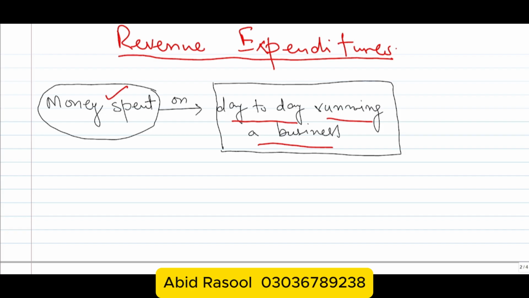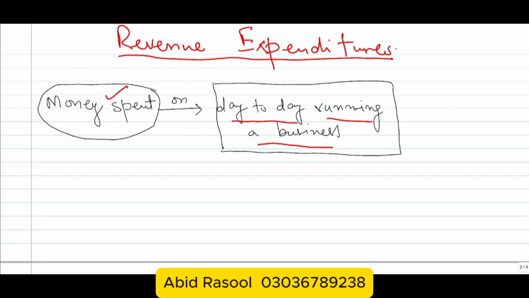Similarly, many other expenditures are revenue expenditure. For example, salaries of our staff, heat and light expenses, insurance expenses, refreshments for the customers, and traveling expenses of our sales staff are all revenue expenditures.